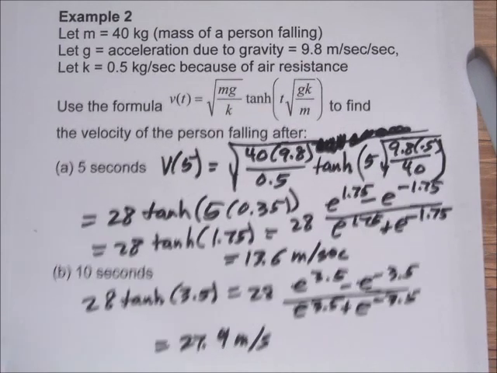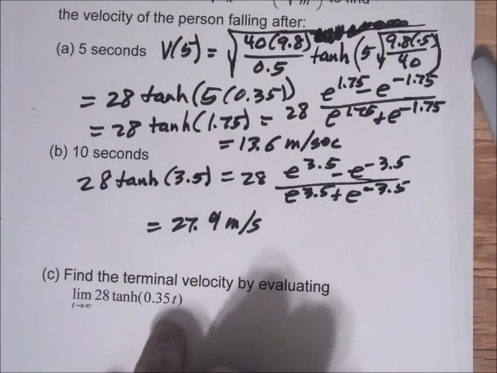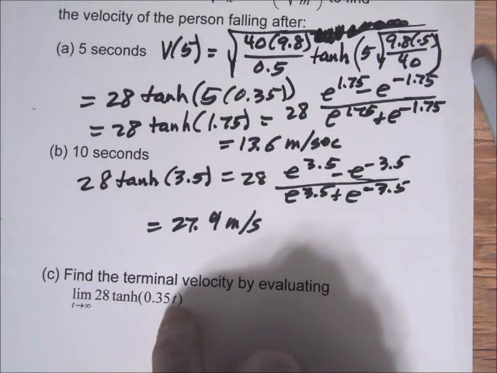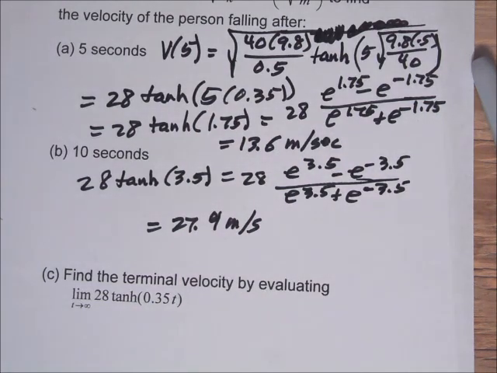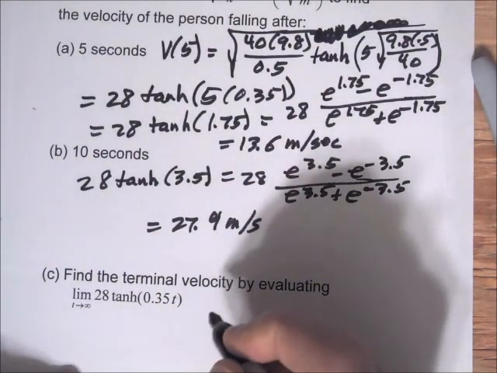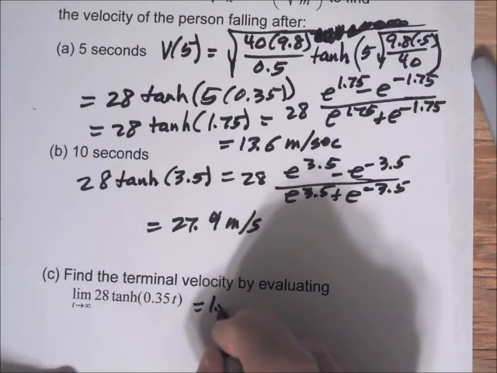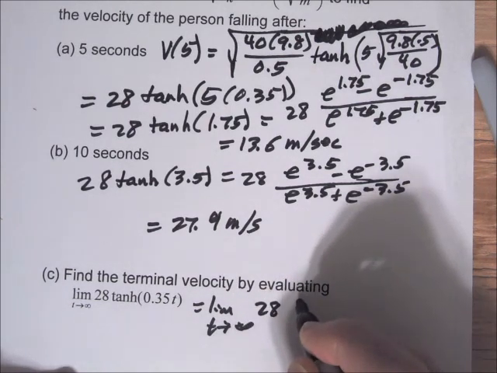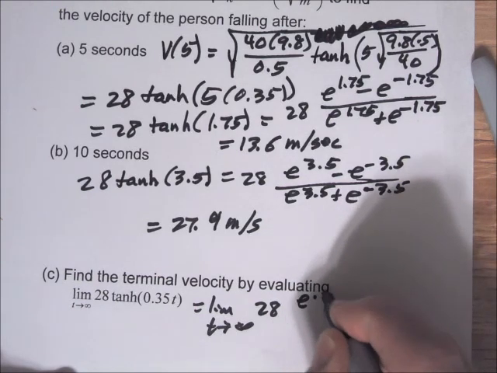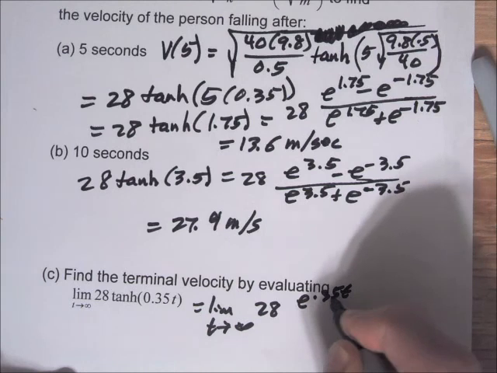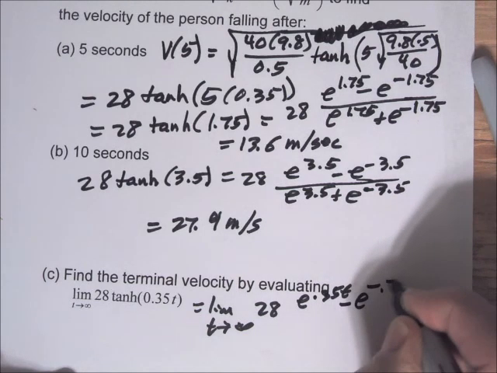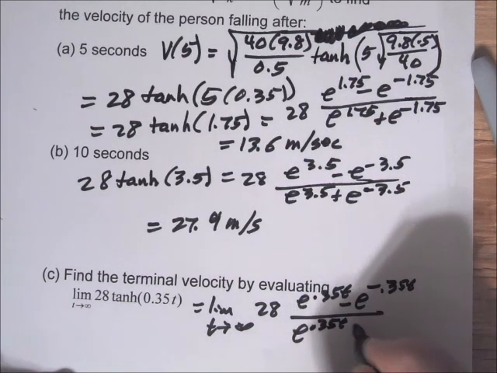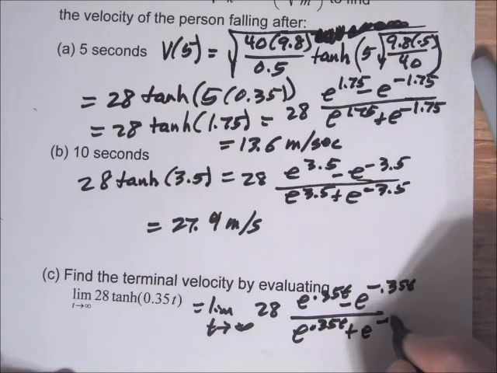And then for the terminal velocity, we take the limit. Instead of a 5 here, this is the same formula we have up there, but we just leave the letter t for the time. We take the limit as t goes to infinity. So it's the limit as t goes to infinity of 28 times e to the 0.35t minus e to the minus 0.35t over e to the 0.35t plus e to the minus 0.35t.